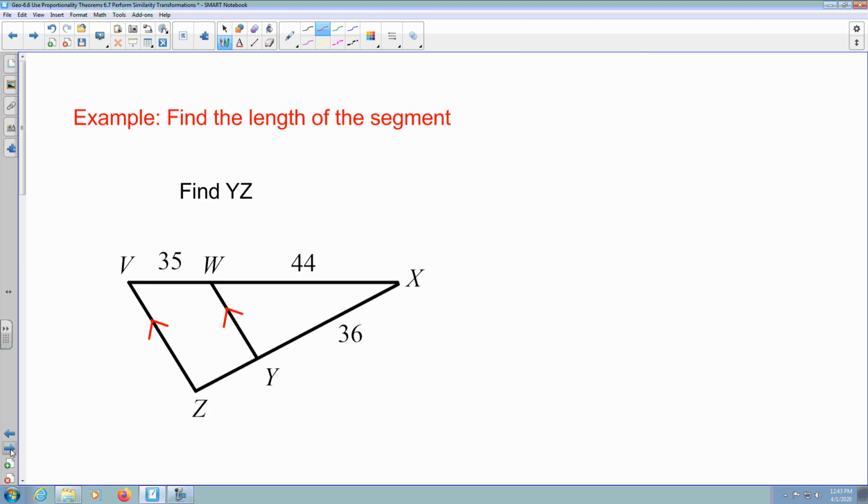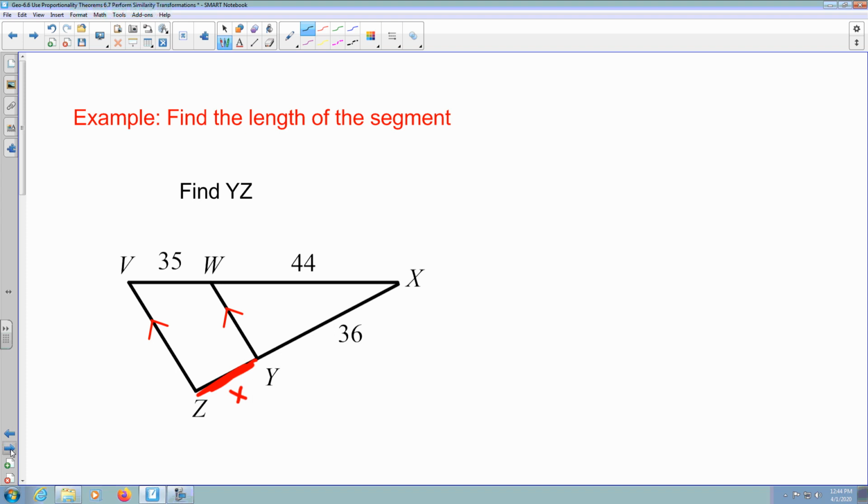All right. So looking at these examples here, they want us to find the length of the segment. So in this case, they want us to find the segment YZ, which is unknown. So I'm just going to call that X for right now. Because they're telling you that WY and VZ are parallel lines, that means we can use that triangle proportionality theorem, the very first one.